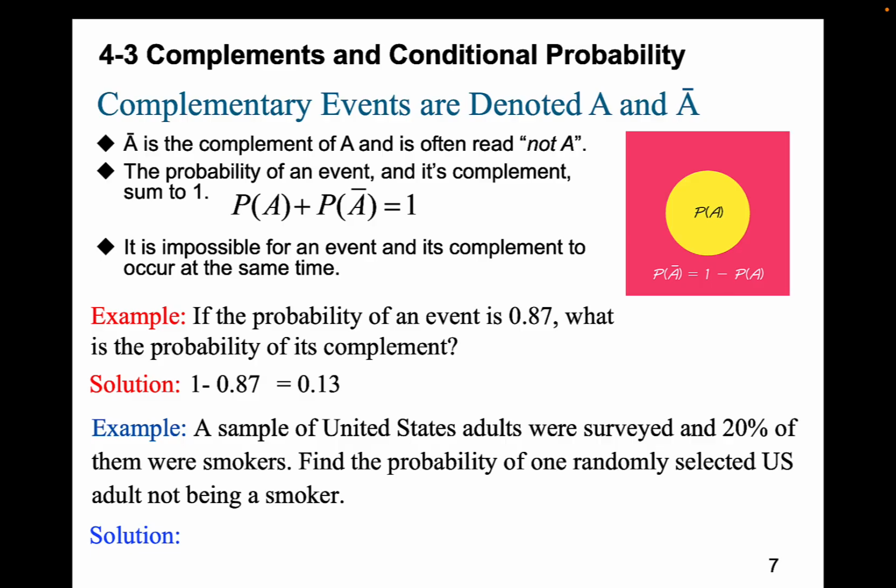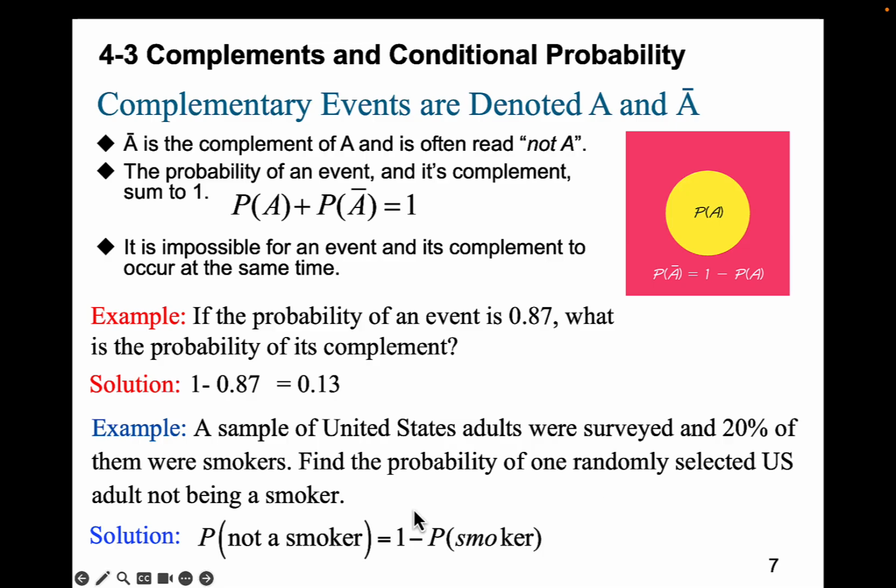Another example: a sample of United States adults were surveyed and 20% of them were smokers. Find the probability that one randomly selected U.S. adult is not a smoker. Well, if your mind went straight to, okay, if 20% of them were found to be smokers and 80% are not, you are doing great.